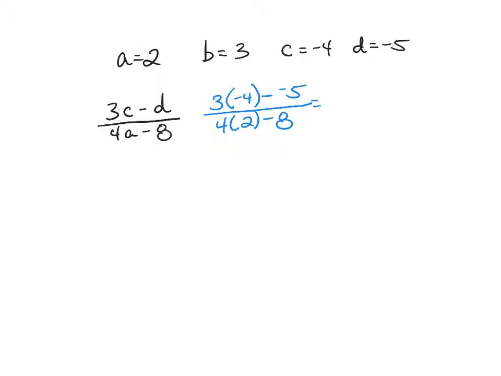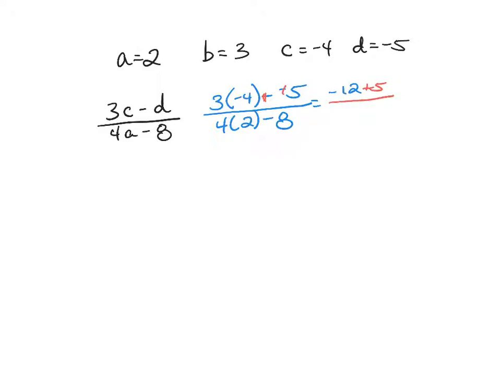If I do the top, 3 times a negative 4 gives me a negative 12. It's subtract a negative 5. I'm going to add the opposite to that. So I'm going to actually add 5.